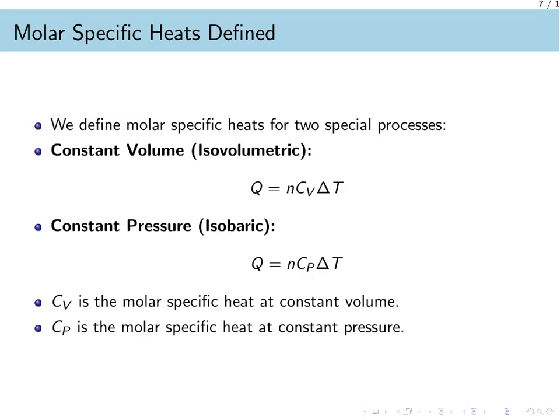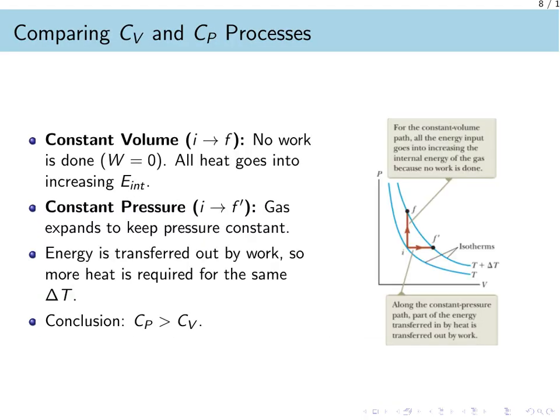The first is the molar specific heat at constant volume, denoted as C sub V. In this isovolumetric process, the heat transferred equals the number of moles n times C sub V times the change in temperature delta T. The second is the molar specific heat at constant pressure, denoted as C sub P. In this isobaric process, the heat equals n times C sub P times delta T. These definitions allow us to characterize how a gas absorbs energy under the two most common physical constraints. Let us compare these two processes.